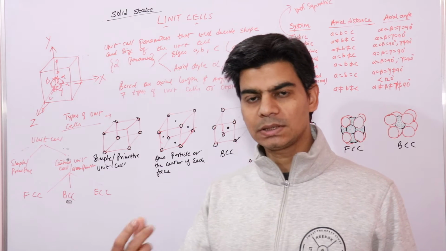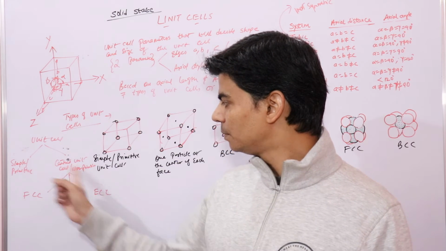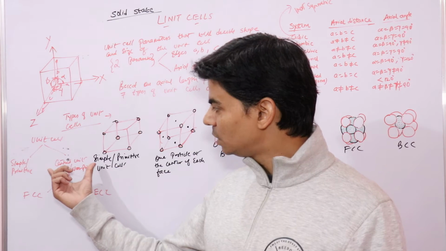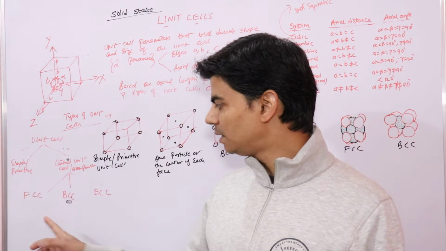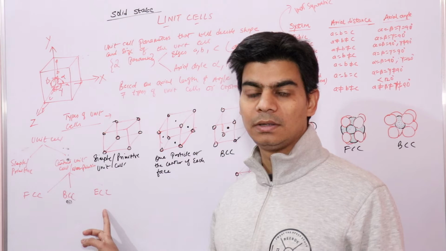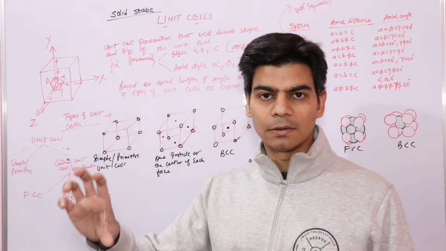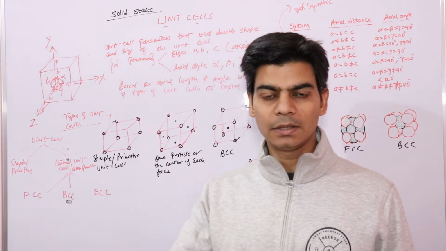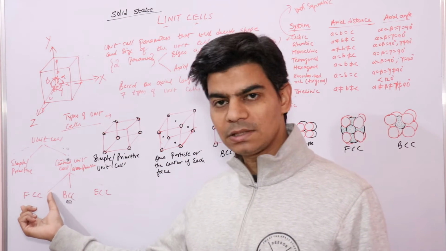Because the particle is present at the center, we call it a centered unit cell. The centered unit cell is further divided into face centered, body centered and edge centered, depending on at the center of which part the particle is present.